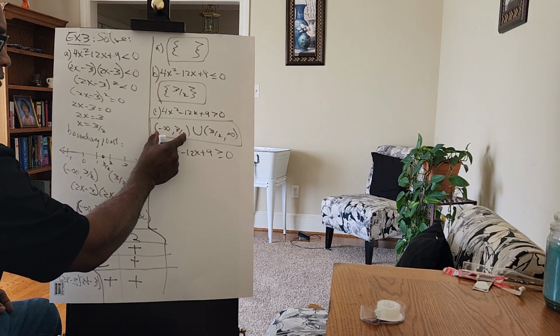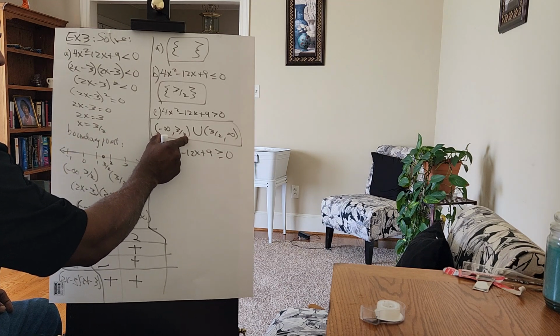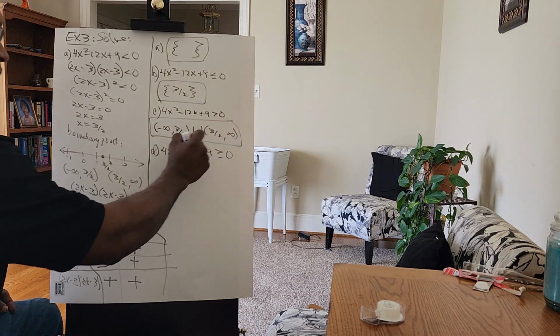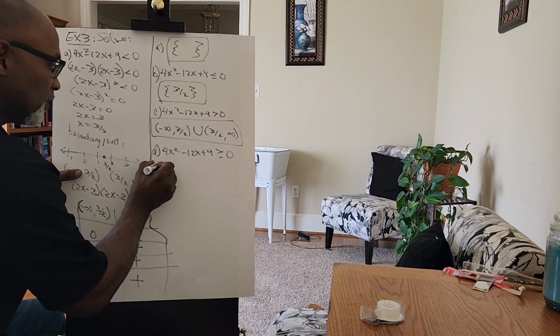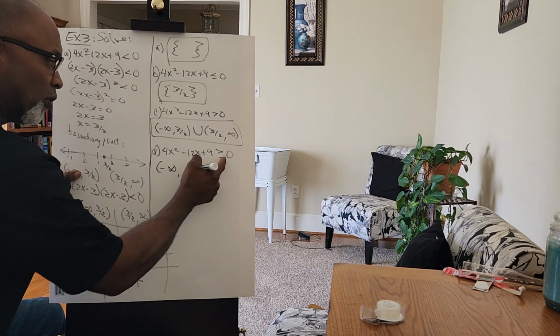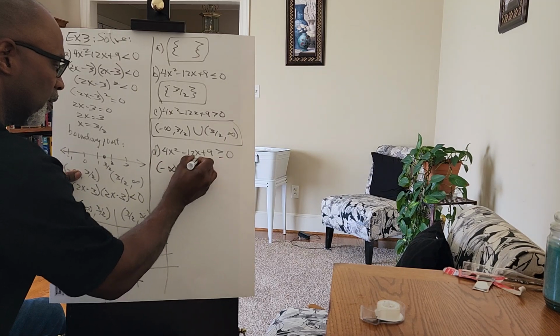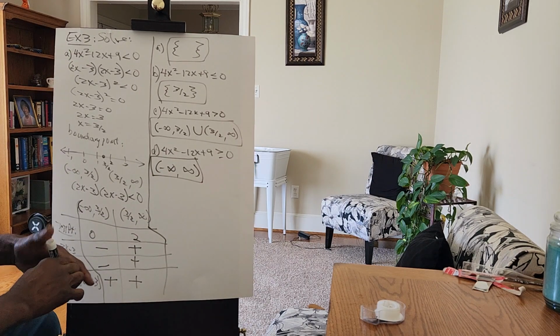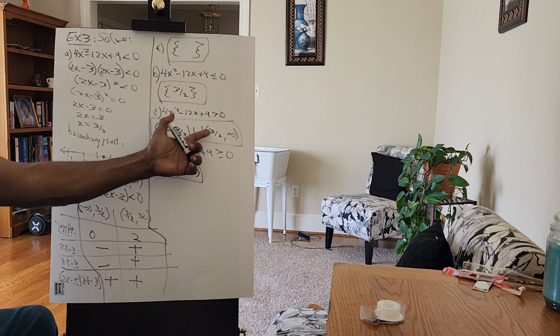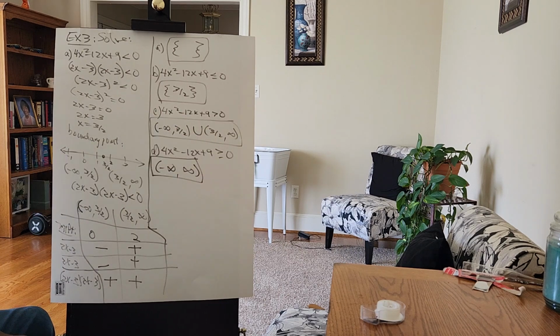So if I take the infinite interval from negative infinity to 3 halves, plus the interval from 3 halves to infinity, and I add back in that one missing boundary point, then now it's greater than or equal to 0 for all real numbers. Because again, part C, this set plus this set, the only thing you're missing on the real number line is the 1 point, x equals 3 halves.